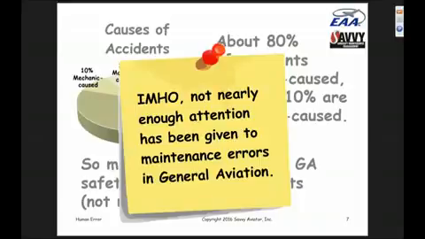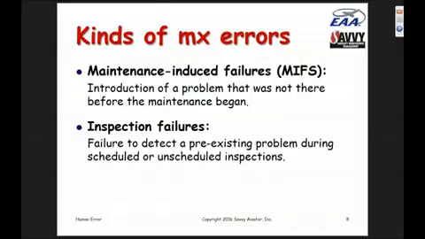Now, there are two basic kinds of maintenance errors. There are what I call maintenance-induced failures. Those are errors that are introduced during maintenance, where something that was working fine before the airplane went into maintenance is not working properly after the aircraft comes out of maintenance as a result of something that went wrong during the maintenance process. And I refer to these as maintenance-induced failures, or MIFs.